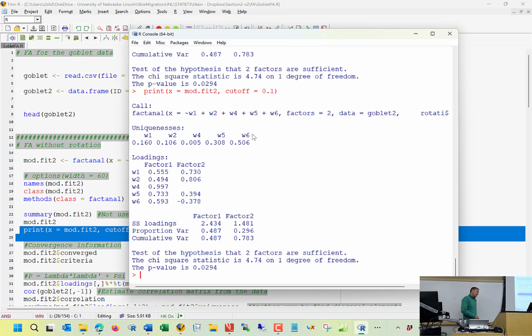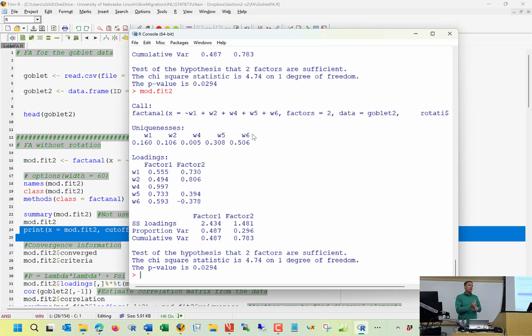Now, just so that you understand how R works here, basically whenever you type an object name in the R console here, like mod.fit2, or let's say if I estimated a regression model using the LM function, and I called it mod.fit, whatever, and I typed that, what R is going to do is automatically look to see, is there a corresponding print method function for it?